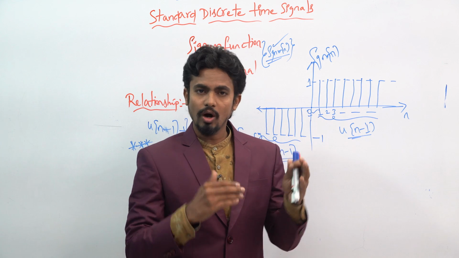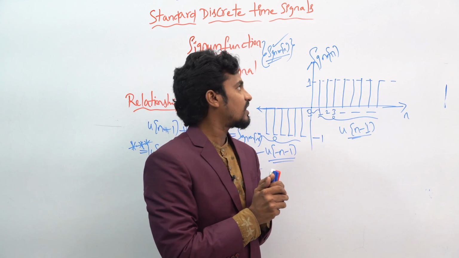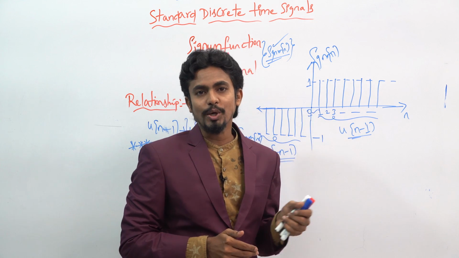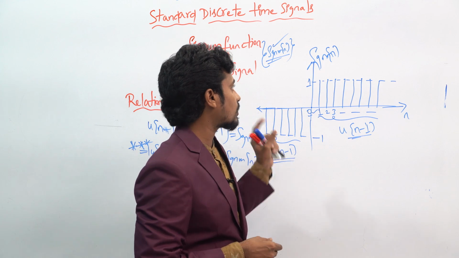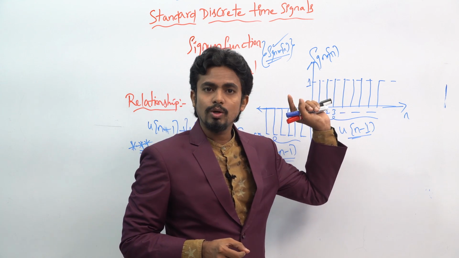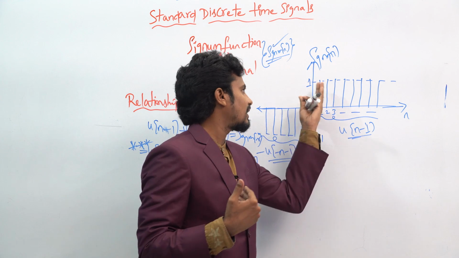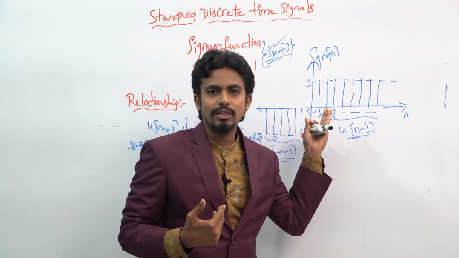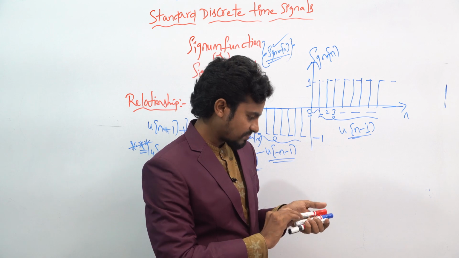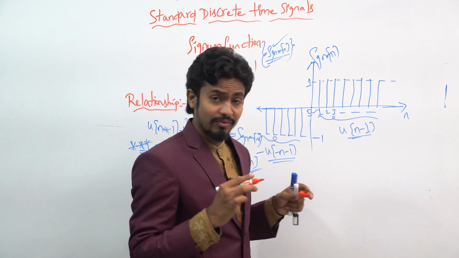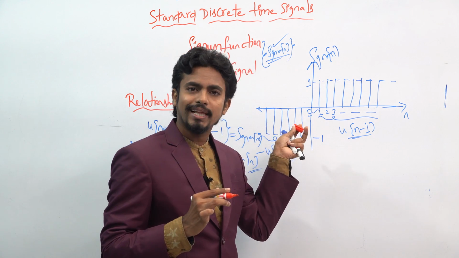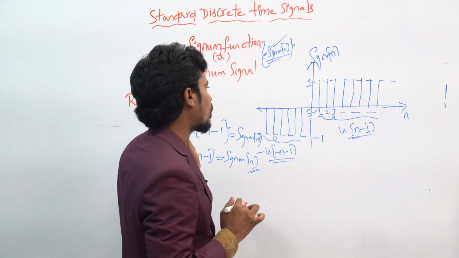All of those things you can check whether it may be an even signal or an odd signal. I will tell you one shortcut for this, whether the signal is odd or even. You can't do any derivation, simply by seeing the waveform you can tell the answer, whether it is an odd or even signal.